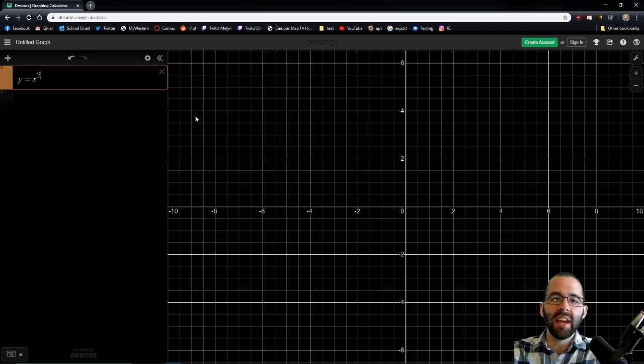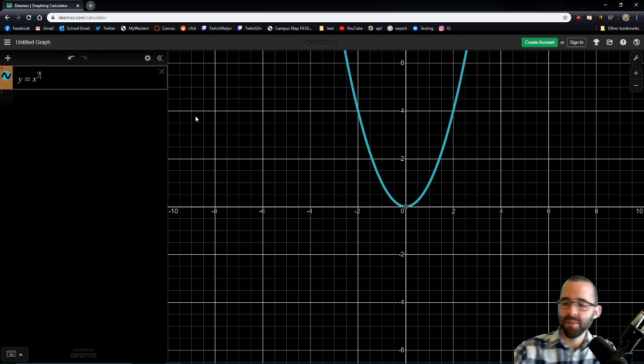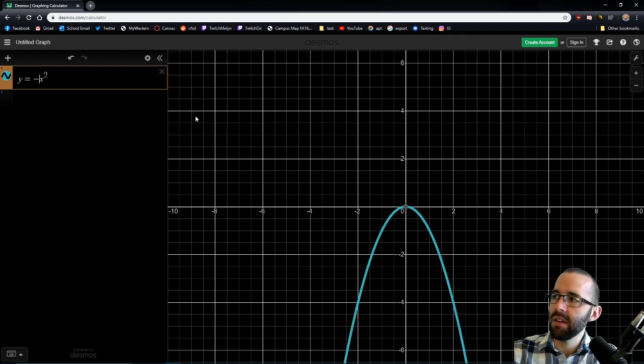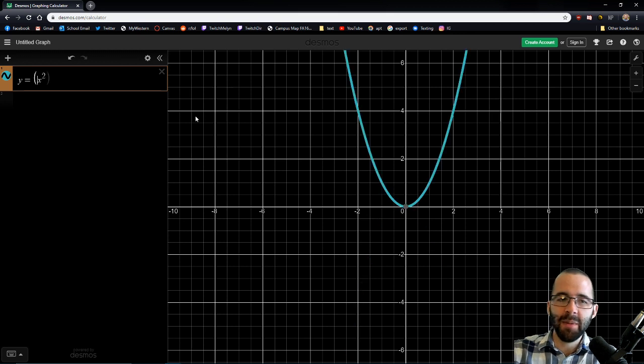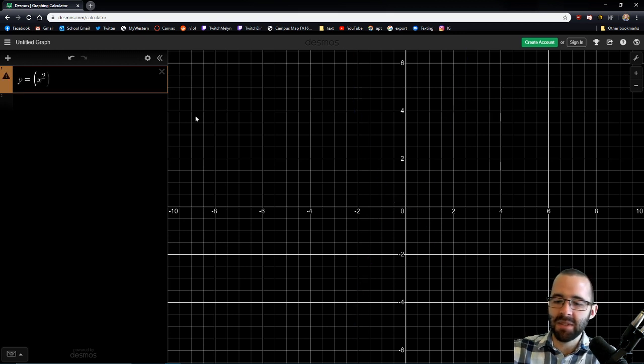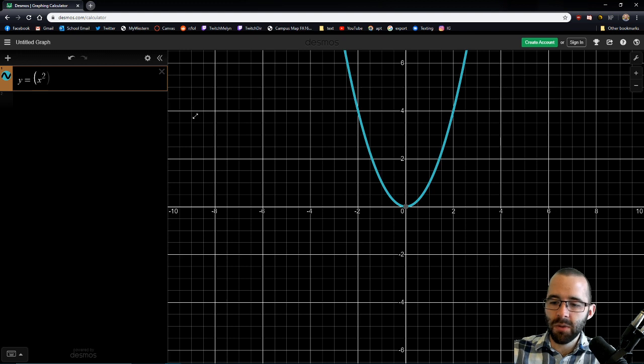Specifically, what we're going to talk about today is with stuff like x squared, right? If I do a reflection about the x-axis, that flips it upside down. If I do a reflection about the y-axis, it flips it left to right.